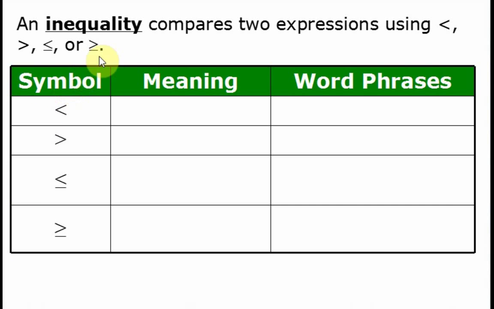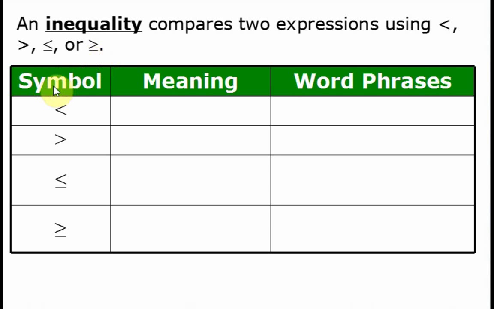Okay, so we have seen that an inequality compares two expressions using these symbols. We say this is less than if the number we compare is to the left, this is greater than, this is less than or equal to, and this is greater than or equal to.